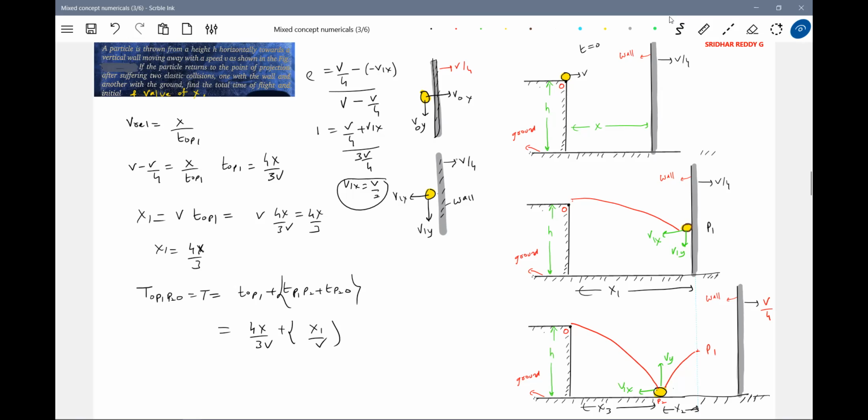So during collision, it will have Vx, and this will be Vy. So tan theta, I think the theta value we know, R by 2 by R, sine theta, theta equal to 30 degrees. So therefore tan theta equal to Vy by Vx. This is the relationship between the components.